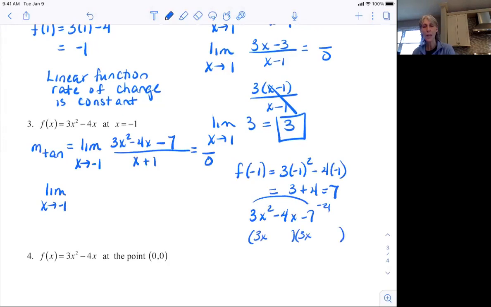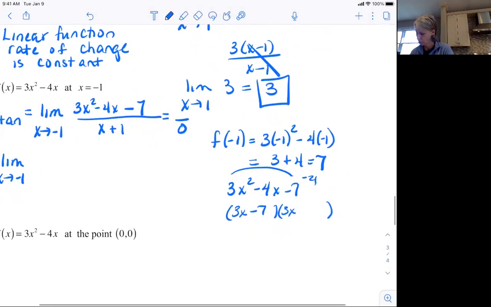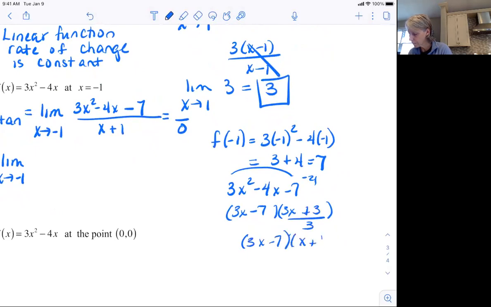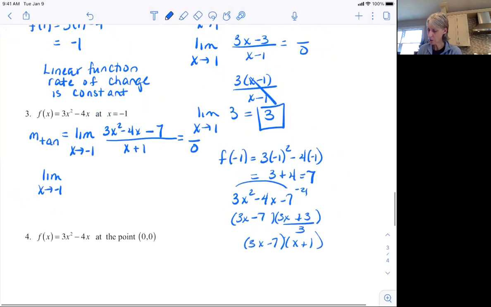Two numbers that multiply to -1 combine to give me -4: -7 plus 3. So I'm going to take those factors, put them back up in my limit.